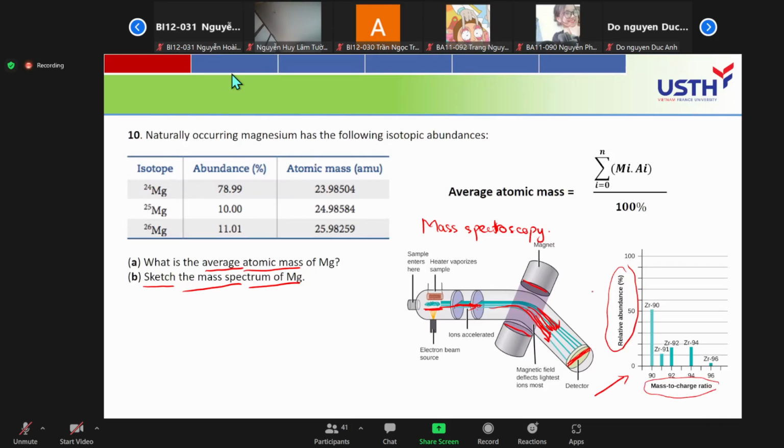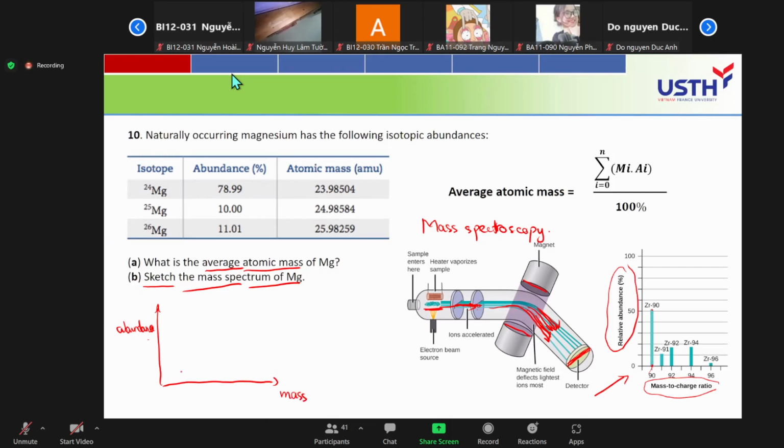The abundance and the position of the mass will be shown as columns in a column diagram like this. In the case of magnesium, you will draw the same thing. This one will be the abundance, and this one will be the mass.